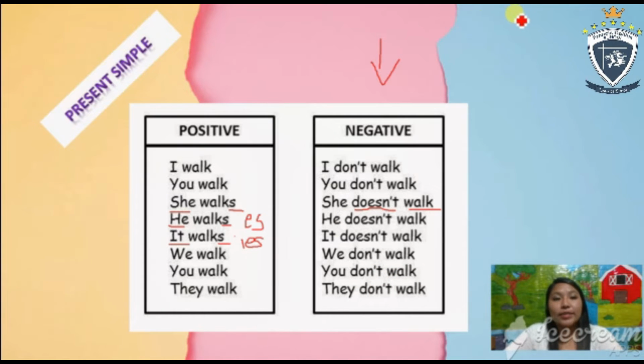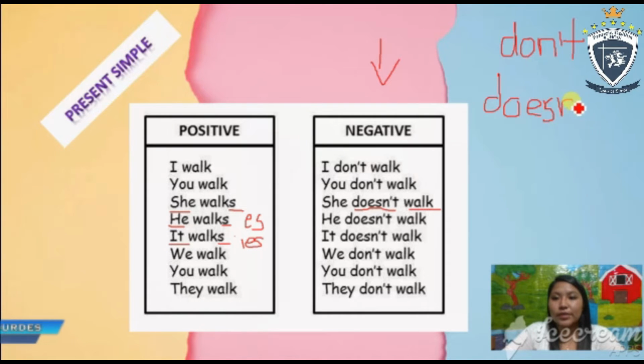In the negative form, we use two auxiliaries. We use don't, and we use doesn't.